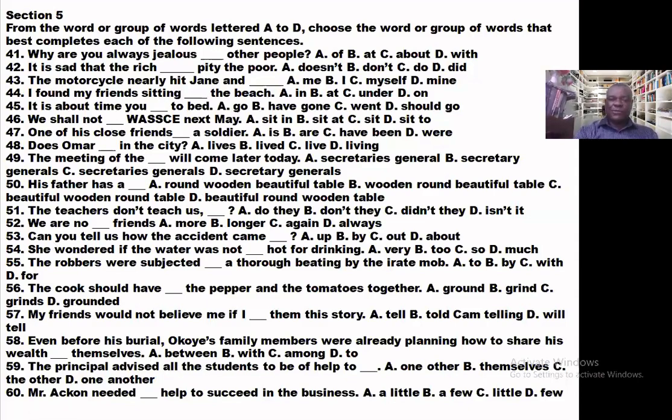So beautiful should come first, followed by round, followed by wooden, and then we have table. B, wooden round, no. C, beautiful wooden round table, no. D, beautiful round wooden table. Perfect. That's the option. D, beautiful round wooden table.